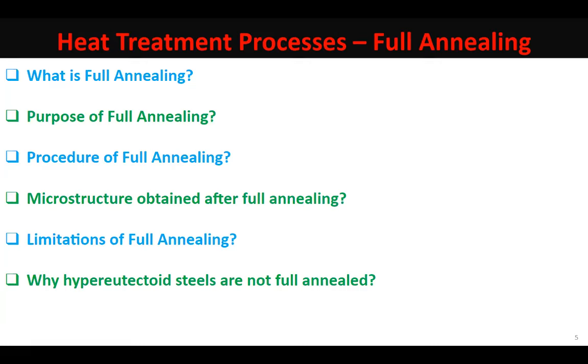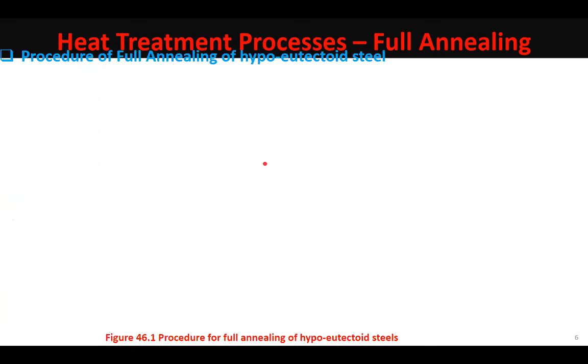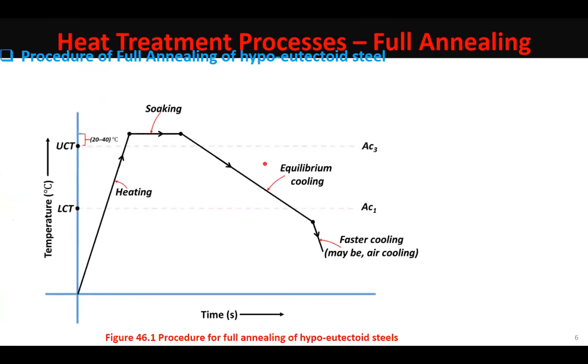And what is the microstructure that you get after full annealing? The microstructure is fine grained structure, meaning grains are small and fine, but they have coarse lamellar pearlitic structure in them. Coarse lamellar, I'll just show you when I come over here what type of microstructure is obtained, right? So, and what's the procedure? Okay, in the next slide, let me show the procedure.